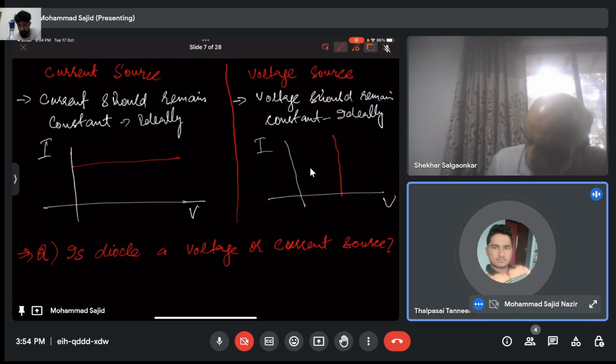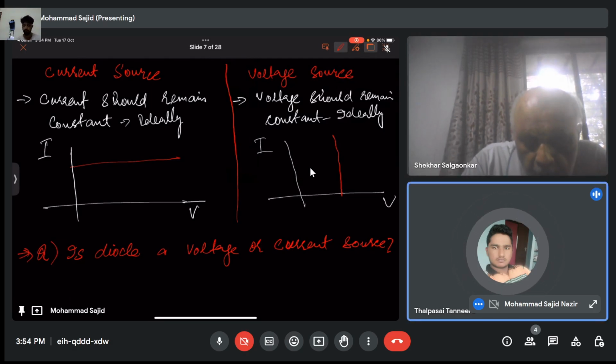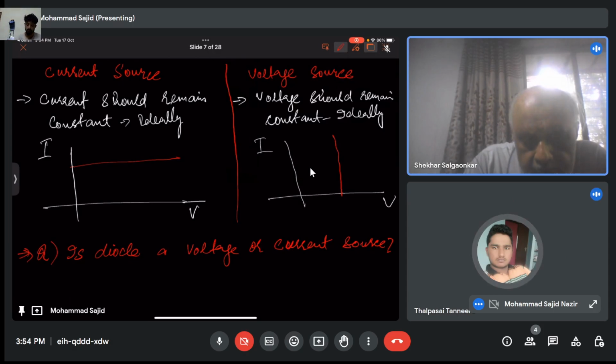My reasoning is that because of the cut-in voltage only it will conduct in the non-ideal case. So I came to the conclusion it is a voltage source. Is it a voltage source? Yes, sir.